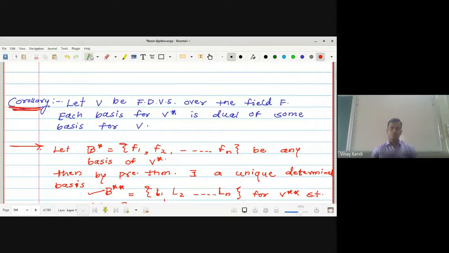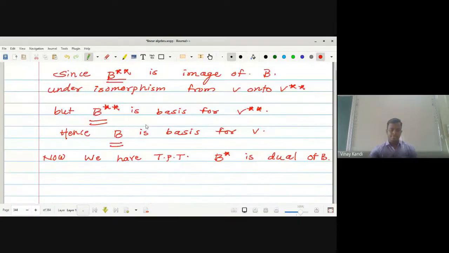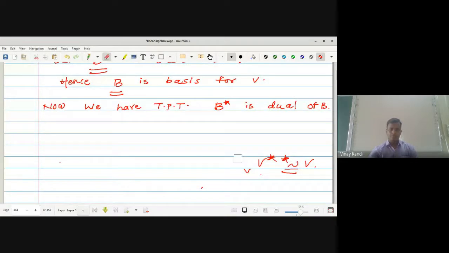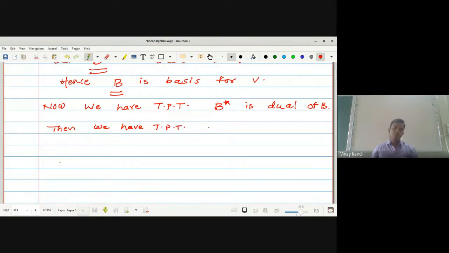Now look at here. Now we have to prove that this B star is dual of B. Now, then we have to prove that fj of alpha i is equal to delta ij.